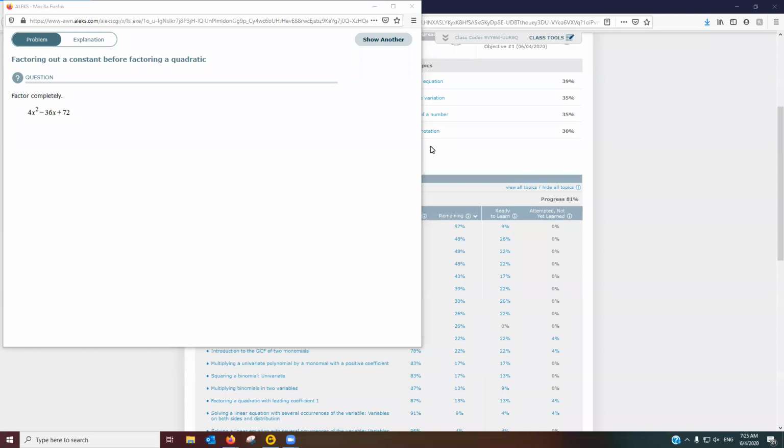All right, well, first let me explain what is factoring anyway. When you think about factoring, it's really asking you to rewrite some expression as a multiplication.